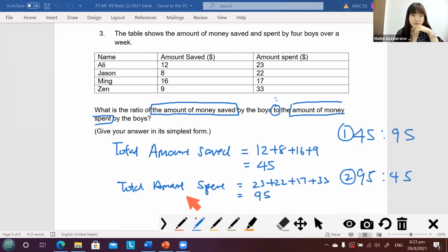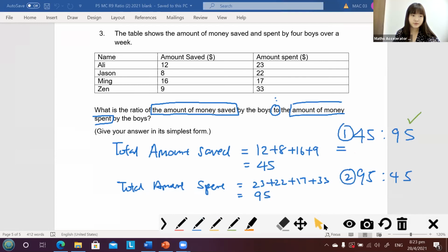Before you simplify. Yes, okay, good. 1. Cannot 2. 2 is the other way around. You cannot think that, because you add correctly, then it's also correct. No. You must go according to what they say. If they want save first, you must put 45 first. 2 is spent first. So now simplify it.